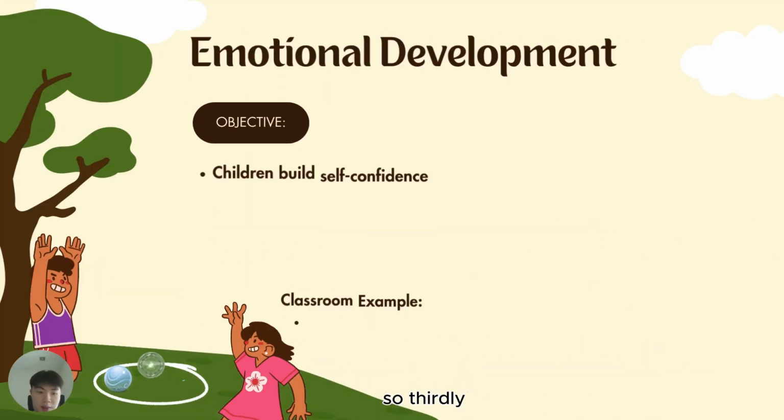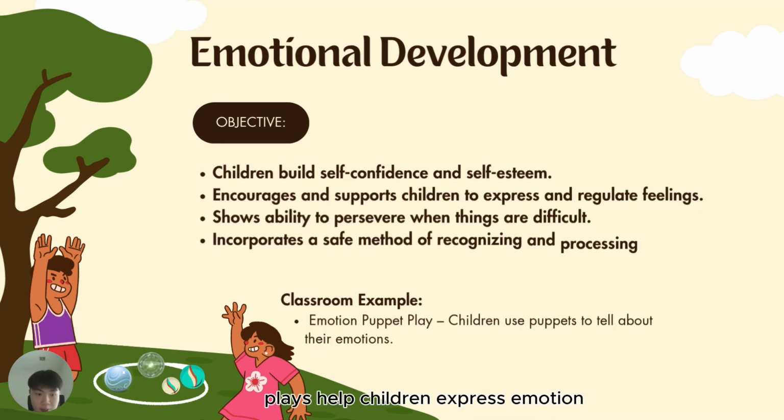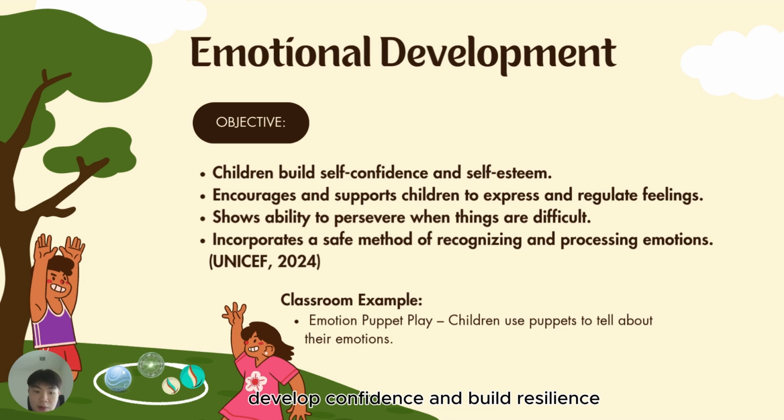So, thirdly, emotional development. Play helps children express emotion, develop confidence, and build resilience. One of the very popular ways is emotion puppet play. This classroom example can help children to share and tell about their emotions in a safe environment.